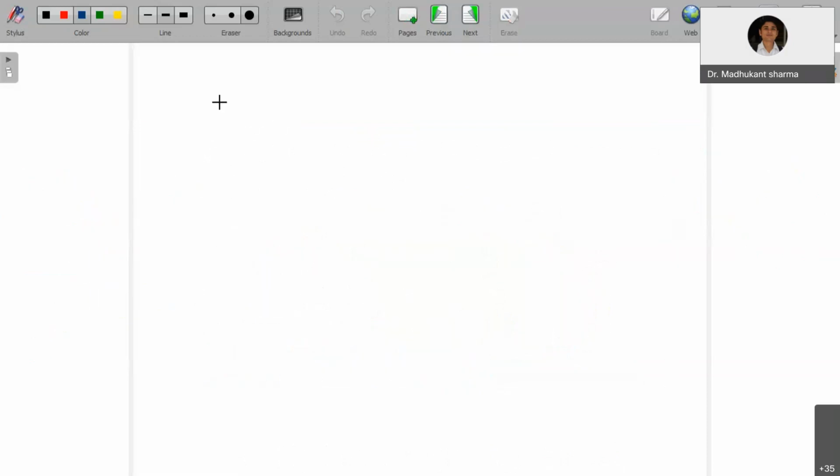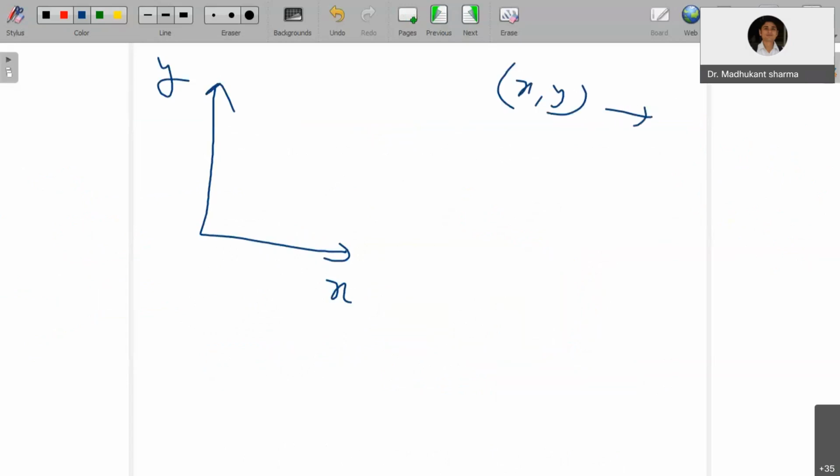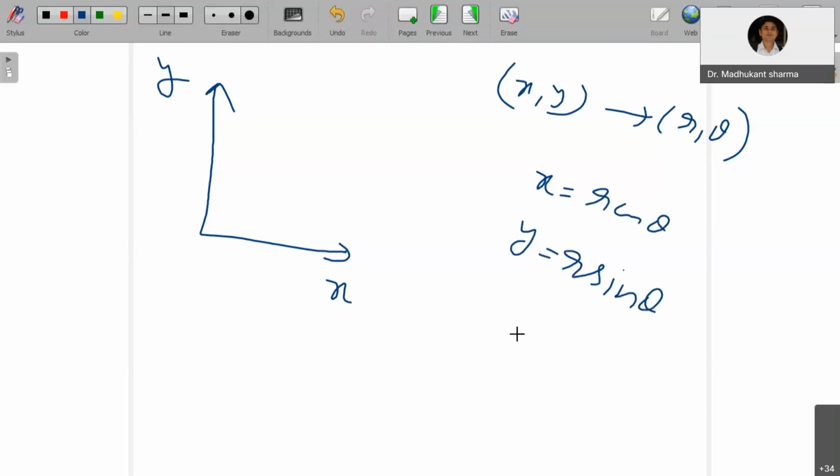In Cartesian coordinates you have an xy plane, and you can always transform x, y to the r, theta plane, by the relation x equals r cos theta, y equals r sin theta. From here you can easily identify x squared plus y squared equals r squared, and theta equals tan inverse of y by x.